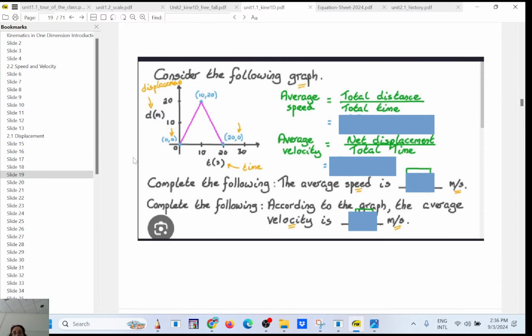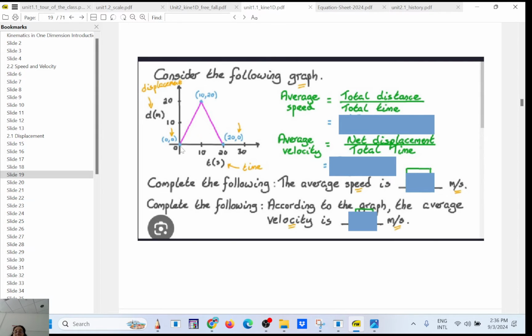Okay, let's do something a little bit more challenging, not that much. What you see here is the position. You take your number line, and you make it like that. If you want to understand graphs, and if you're in biology or biomedical, you always have to make graphs and understand graphs. So here you have the time.